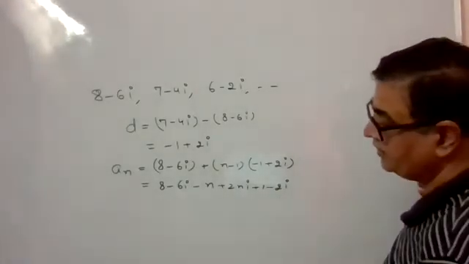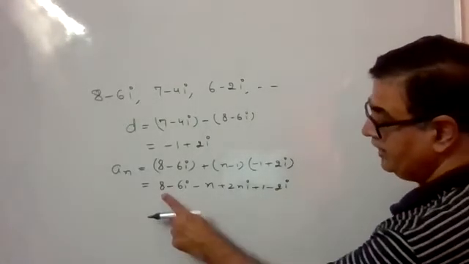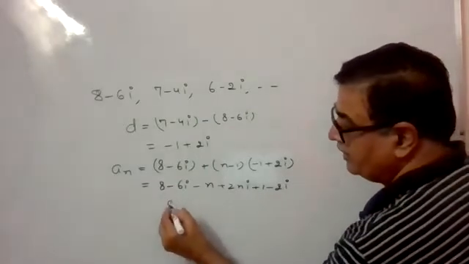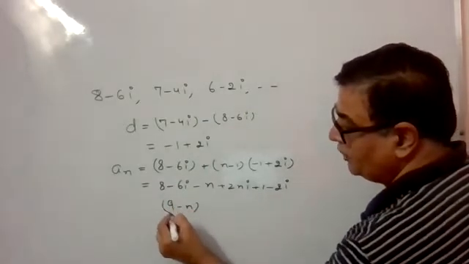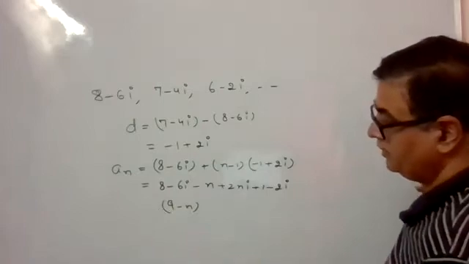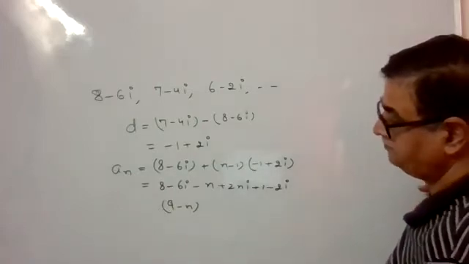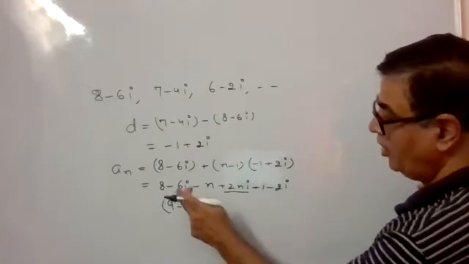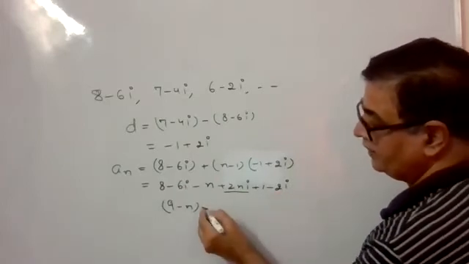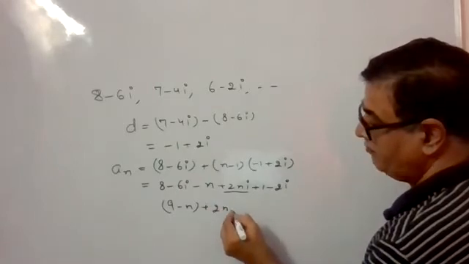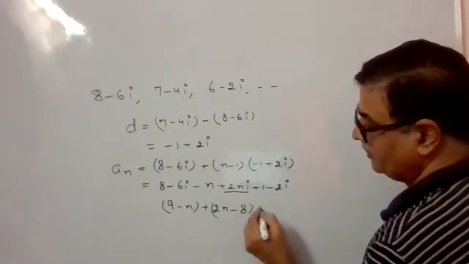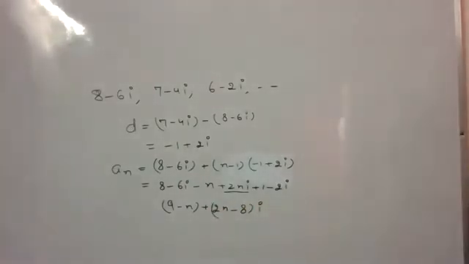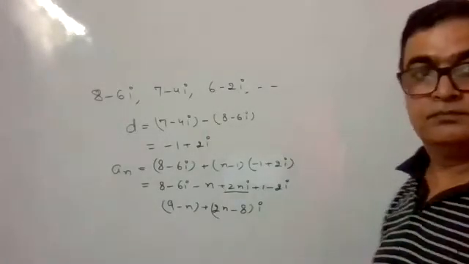Now when you solve it, we collect the terms which are real: 8 and 1 make 9, so 9 minus n is the real part. The imaginary part has 2n iota and minus 8 iota, so 2n minus 8 iota.